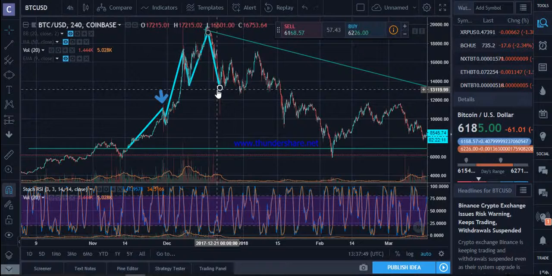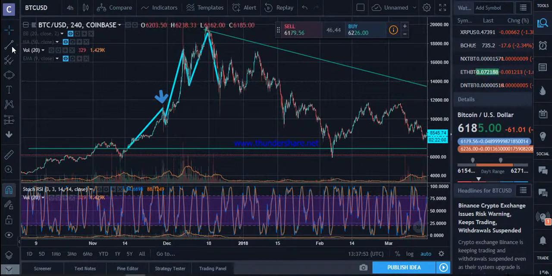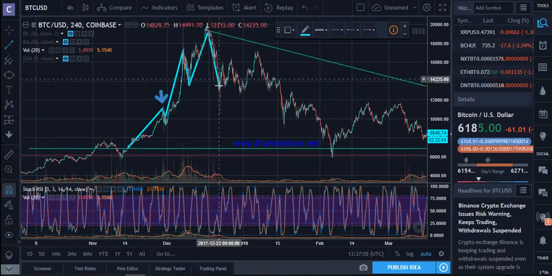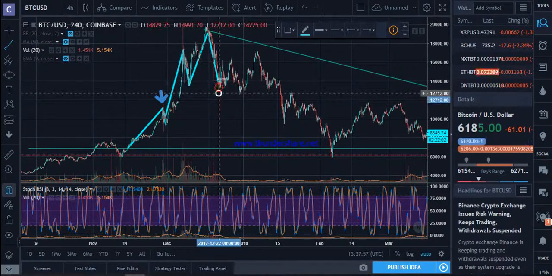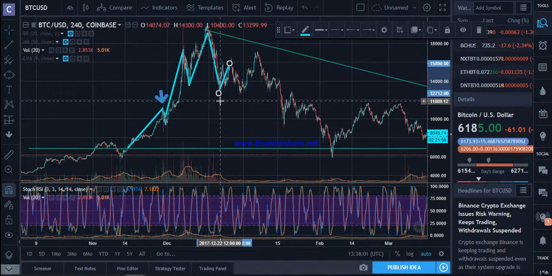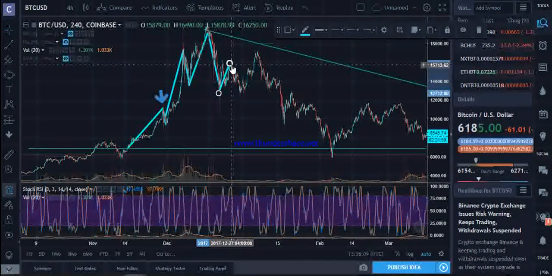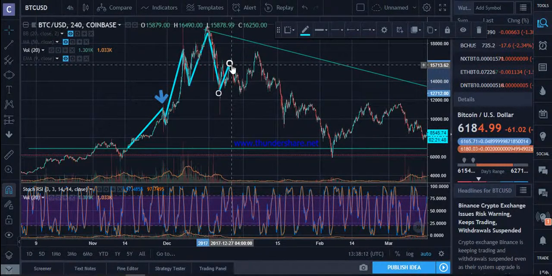Making the A from here. So we can say that from here, let me draw the line, all the way up here was the A correction, and then from this A, this is giving us something like a B up here.